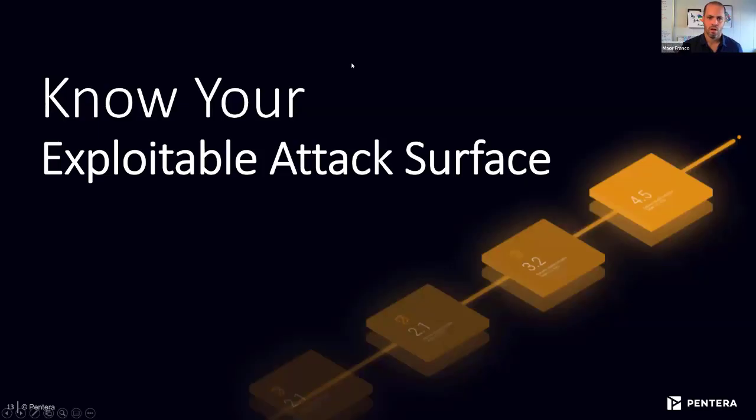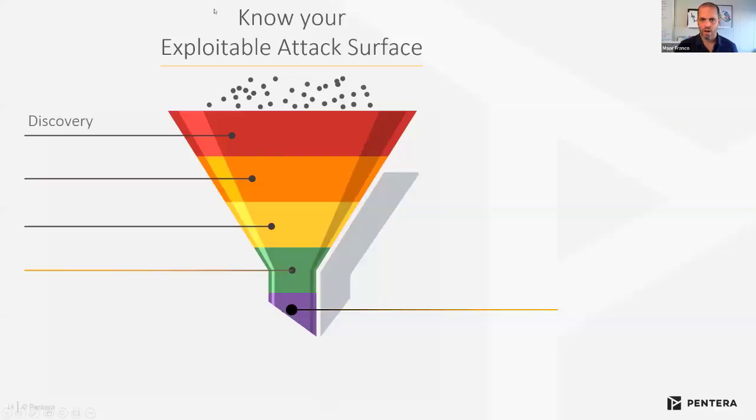Now, let's see how we can start knowing our exploitable attack surface. We talked about 4 steps, and I'll show you in a second. There are more steps here, but how do we categorize it so you can think in a 4-step process?